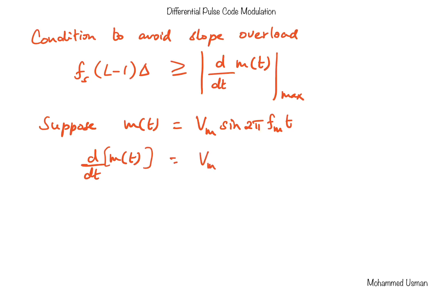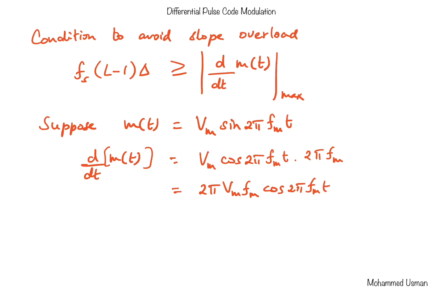That will be Vm, the derivative of sine is cosine, so it's cosine 2 pi fm t, and with respect to t we have to multiply that with 2 pi fm. So we can bring this 2 pi fm to the front, and we'll have it as 2 pi Vm fm cosine 2 pi fm t.